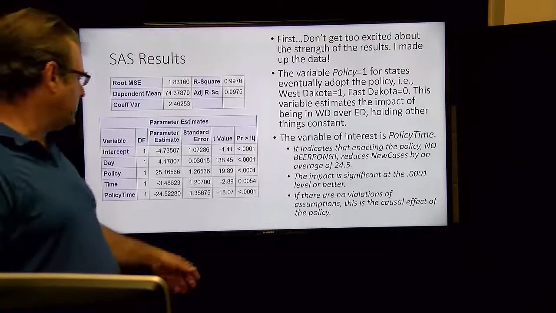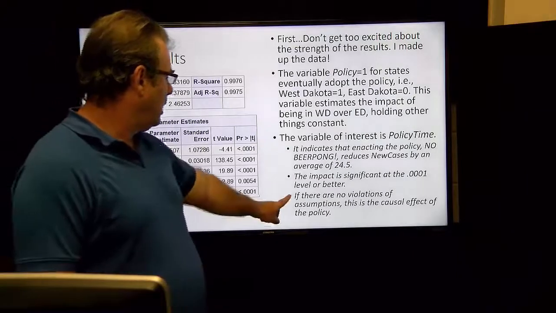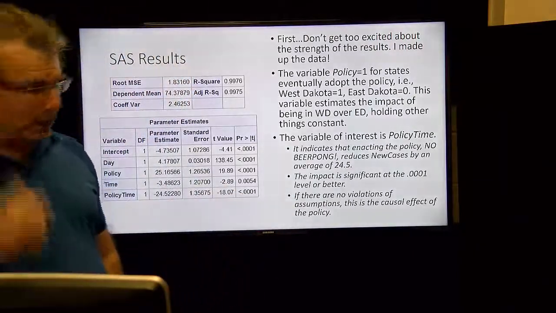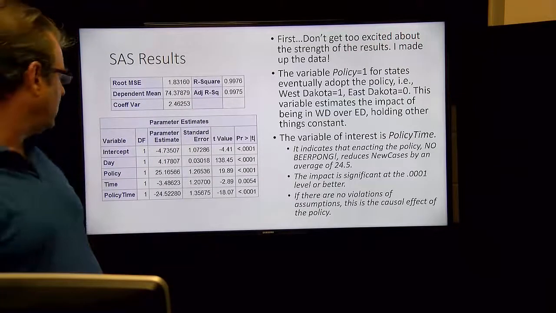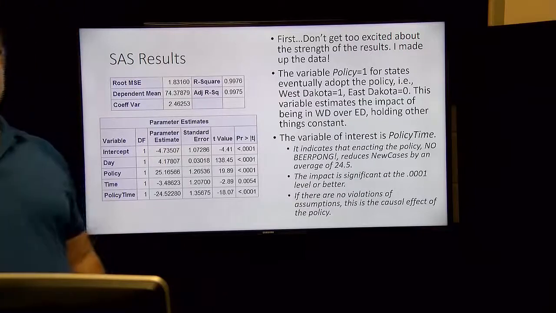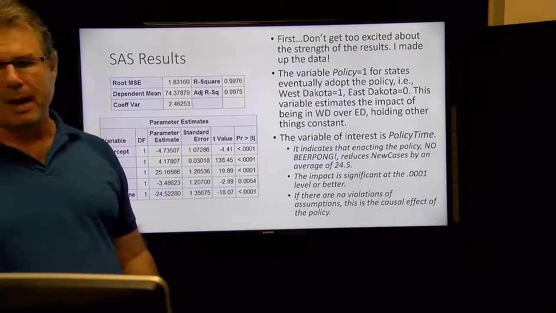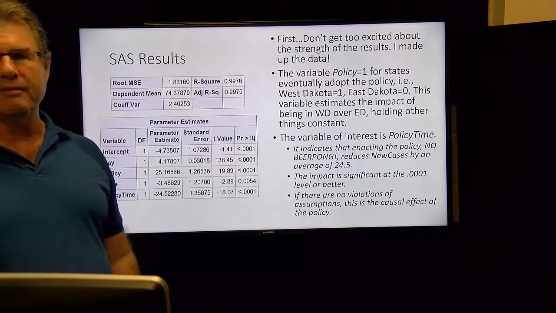Okay, so it's very significant. T-stat is a minus 18.07. If we assume that there's no violations in the assumption, this is the causal effect of the policy. That the policy itself reduces the number of new infections by about 25 over not having the policy.